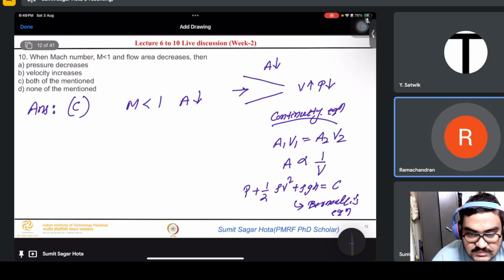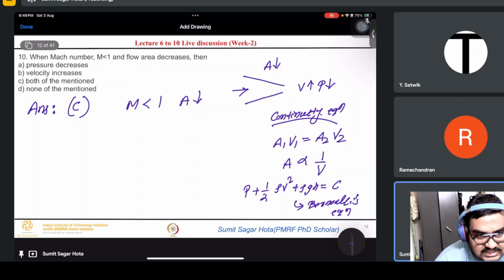What if they give a stagnation pressure, sir? What do we have to choose? Then stagnation will be the wrong one. Don't choose the stagnation pressure, that will be the wrong option. Rather choose decrease, increase, or less, high, something like that, because in the question it's written area decreases.